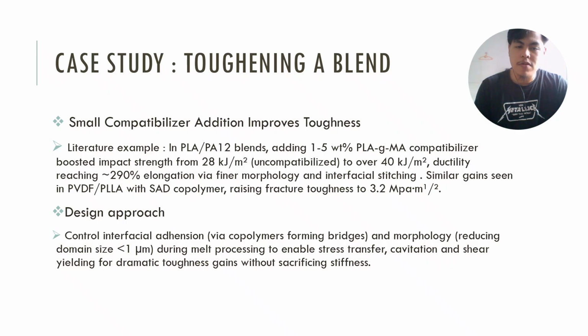For example, in the literature, in PLA and PA12 blends, adding 1 to 5% PLA-GMA compatibilizer boosts impact strength from 28 kJ per meter squared, which is uncompatibilized, to over 40 kJ per meter squared, with toughness reaching 290% improvement via finer morphology and interfacial stitching.